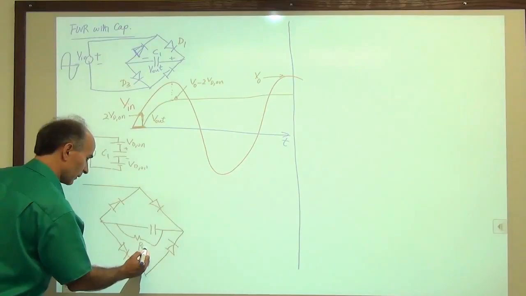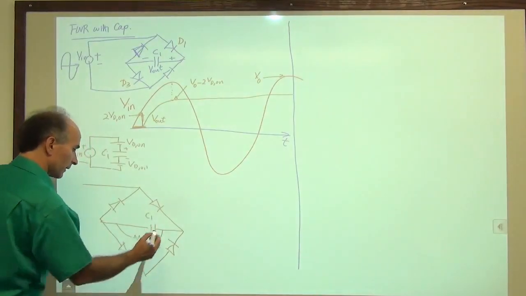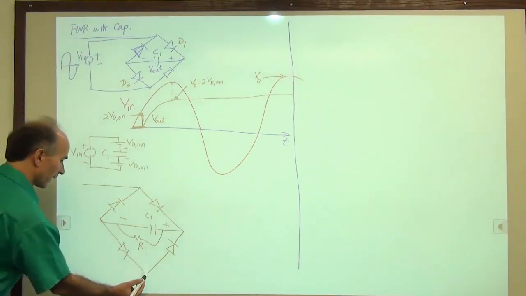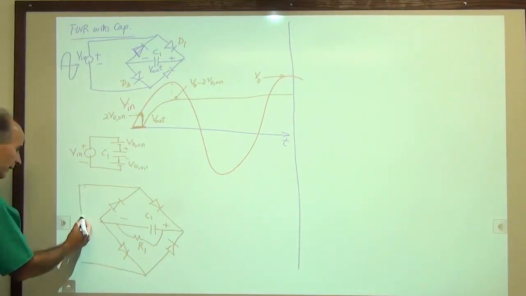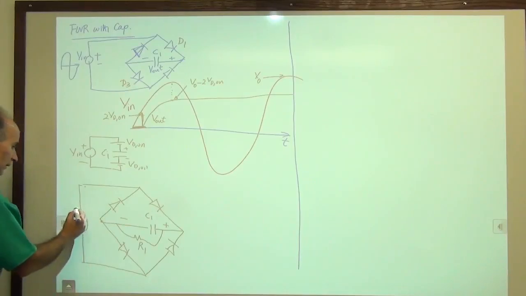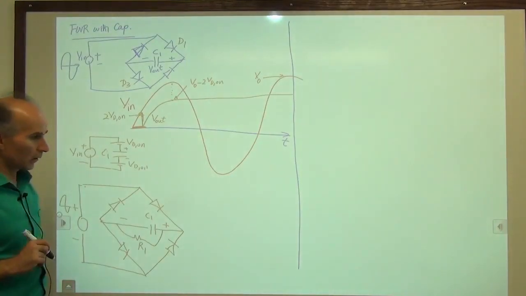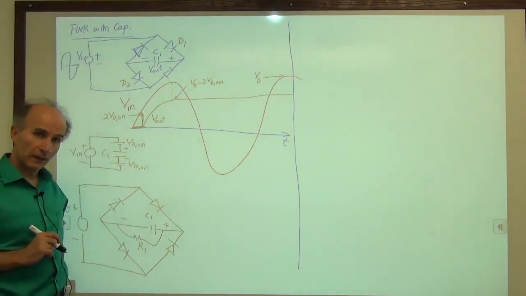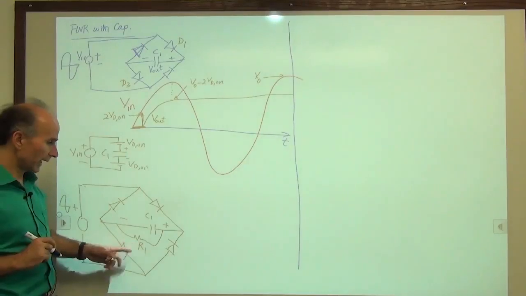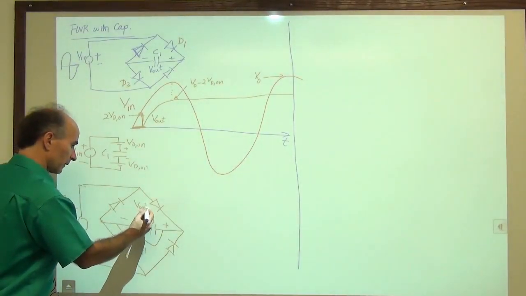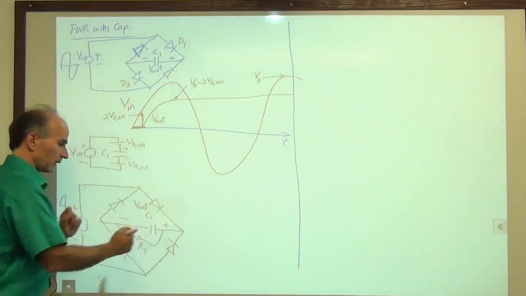So R1, C1, the output voltage is still positive on this side, negative on this side, and then we are applying a sinusoid to the top and bottom terminals of the bridge. So that's a sinusoid. Okay, well, what we will do is try to plot V out. So let me write V out here. I hope it's not confusing. V out means between here and here.